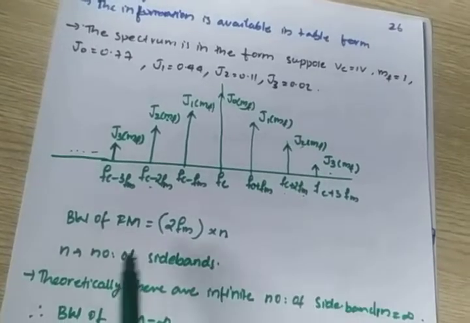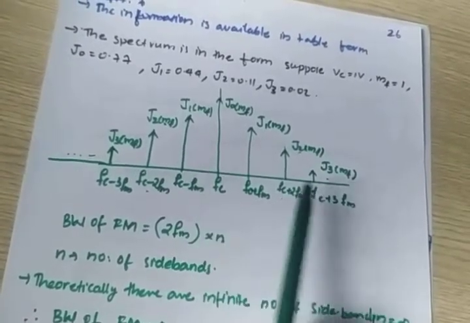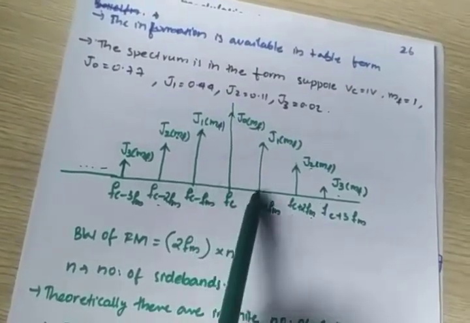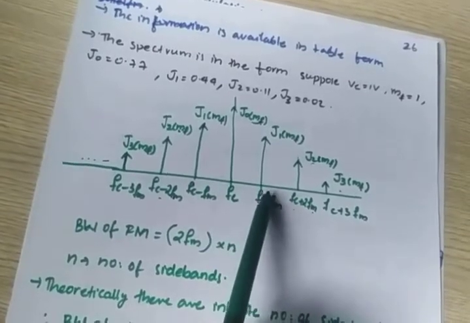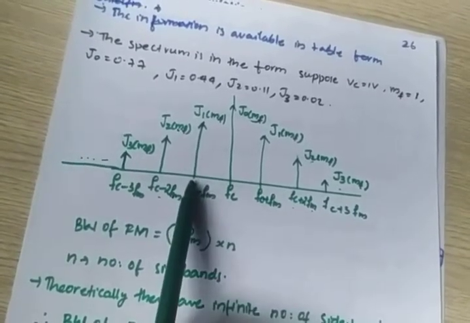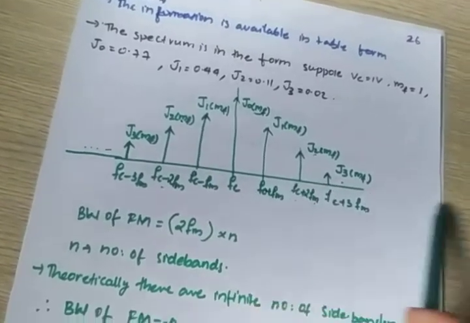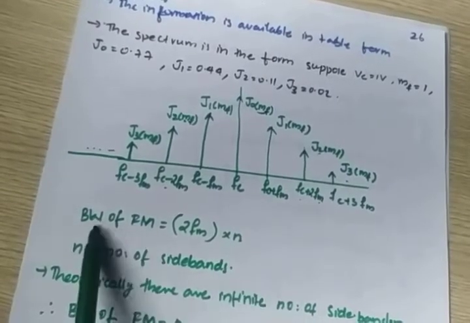So how do we find the bandwidth? Take a single component's bandwidth, then multiply it n times. Simple. For the first component, Fc plus Fm and Fc minus Fm, the bandwidth is the upper frequency minus the lower frequency, which gives 2 Fm. Multiply that 2 Fm by the n number of components and you get the total bandwidth.